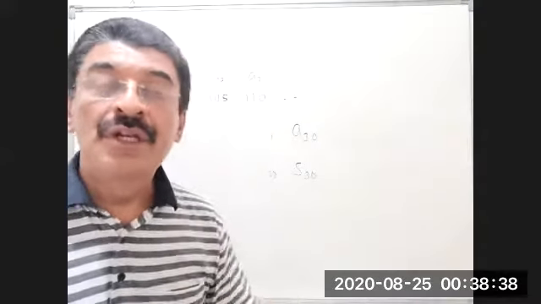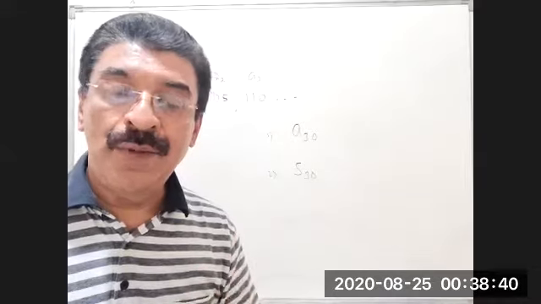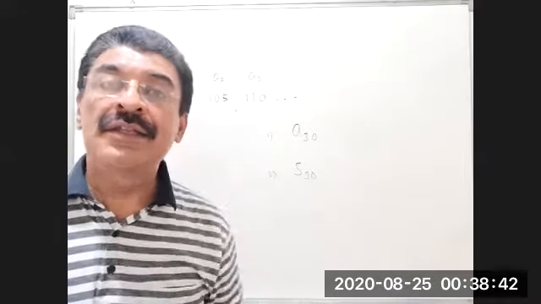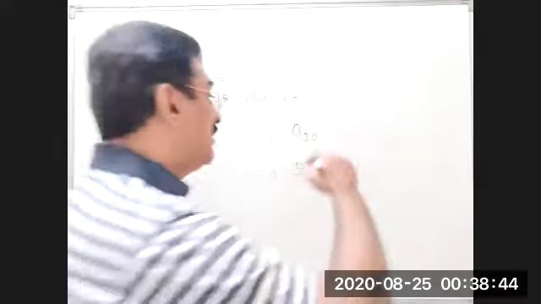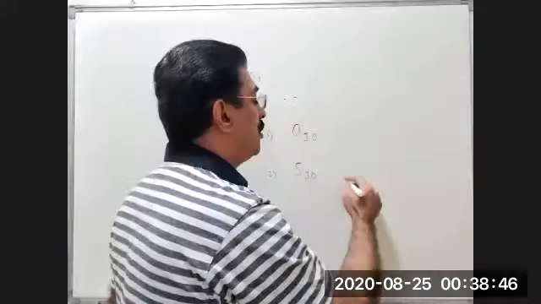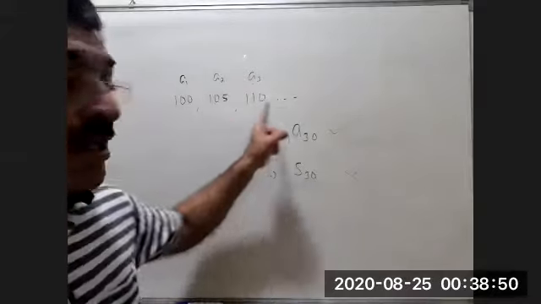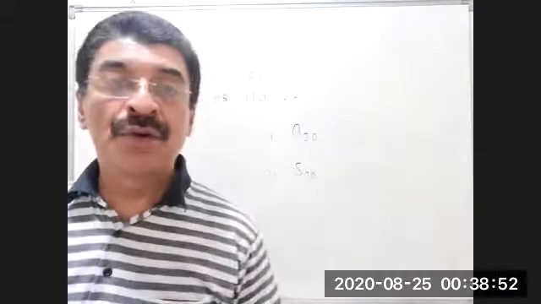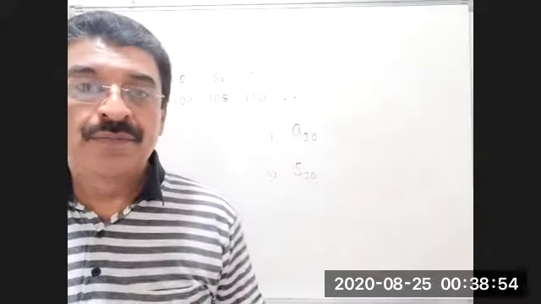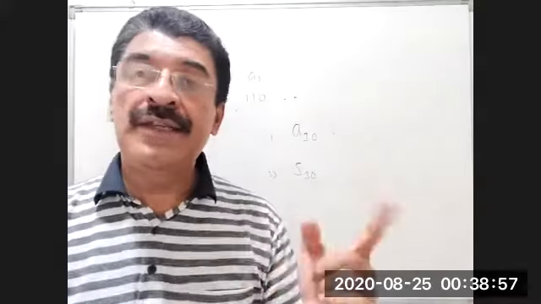If so, the amount paid in the 30th installment will be A30, not S30, because each term denotes the amount paid in that installment. So here the question is to find A30.